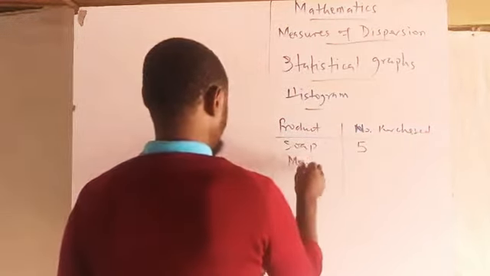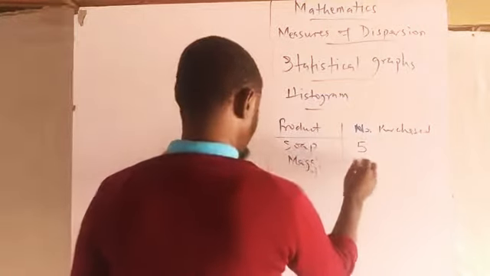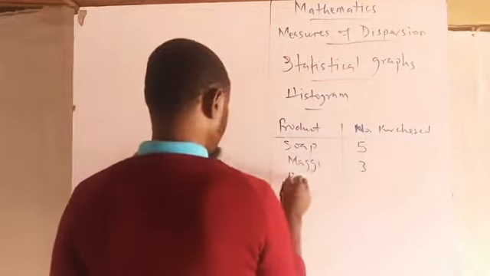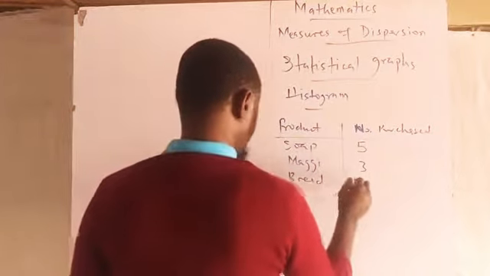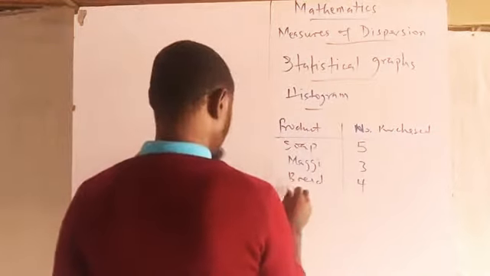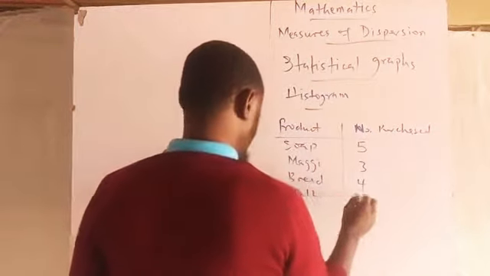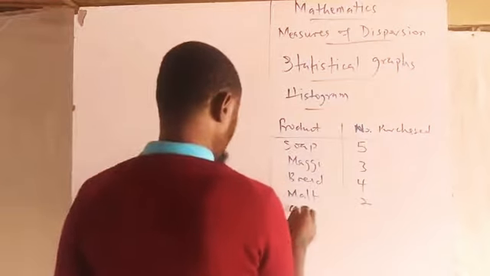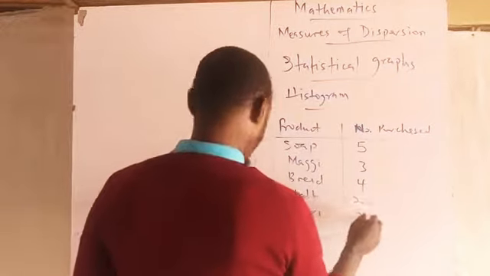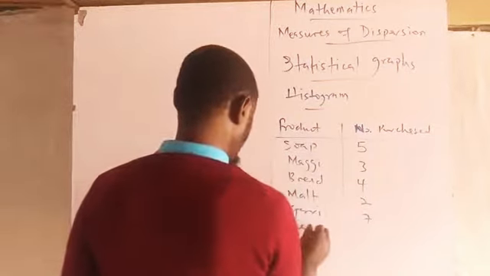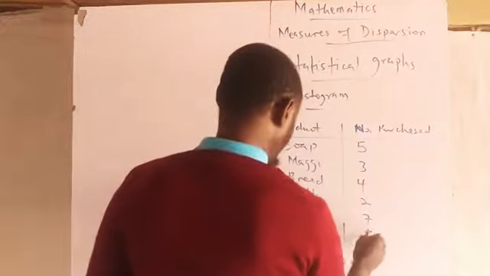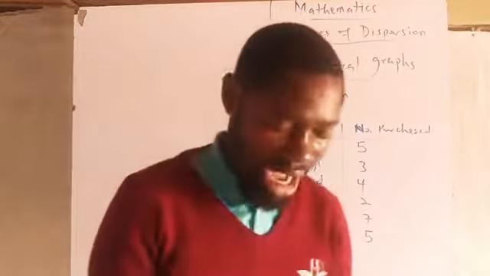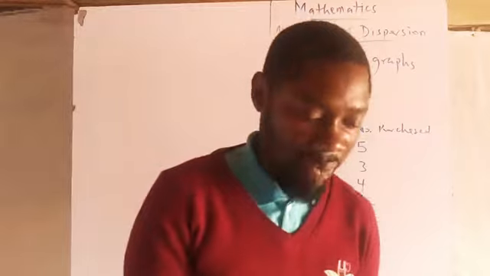Maggi is 3. Bread is 4. Malt is 2. Gari is 7. And beans is 5. Let's see if we can present this information using the histogram.